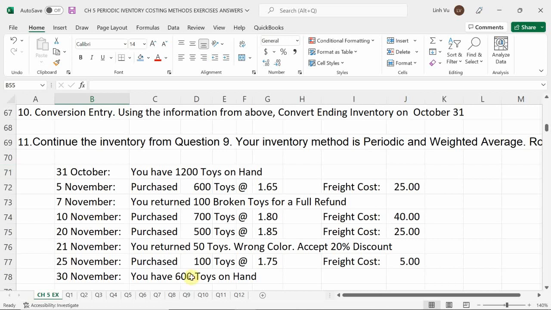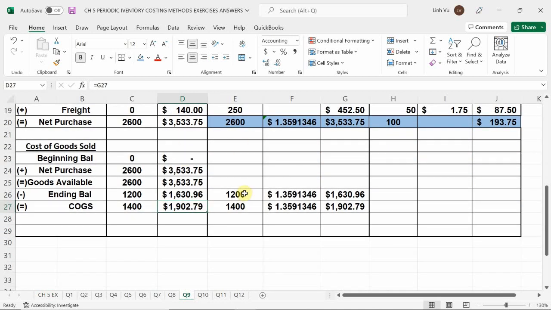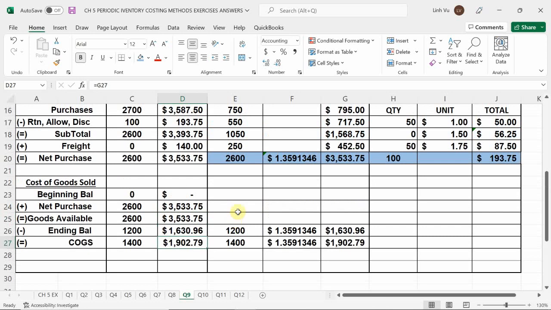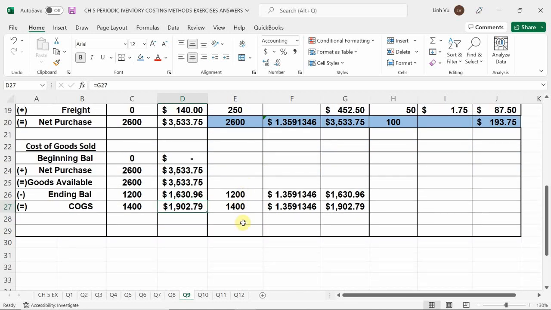Now in this case, from my previous inventory worksheet, I know I had 1,200, and guess what? I just combined them together. It didn't matter whether I had them first or had them last. They're all combined together, and that's the difference between the rest of them.